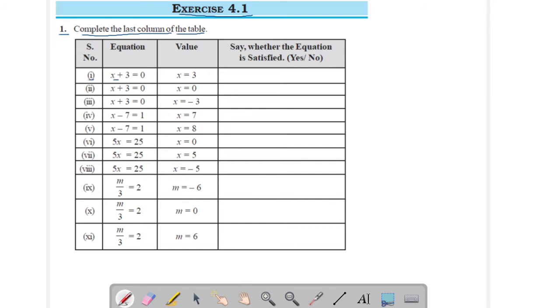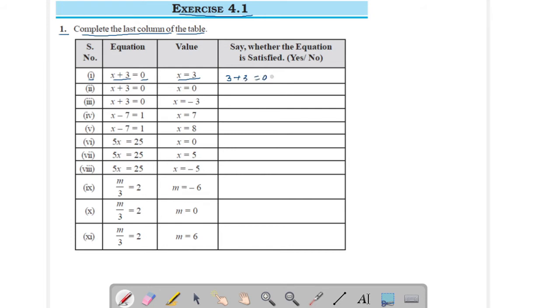x + 3 = 0. Here put x = 3. Say whether the equation is satisfied or not. Here simply put the value of x = 3. You will get 3 + 3 = 0.